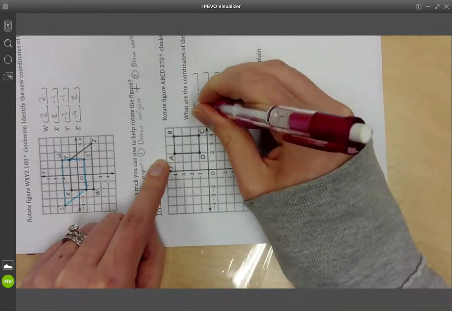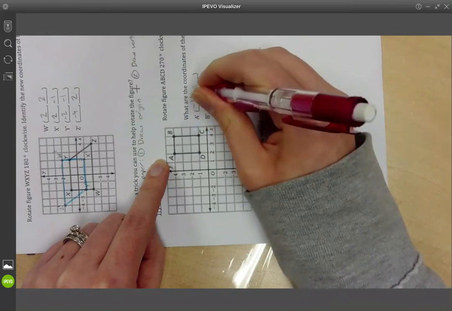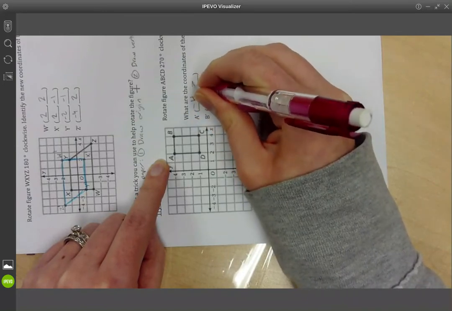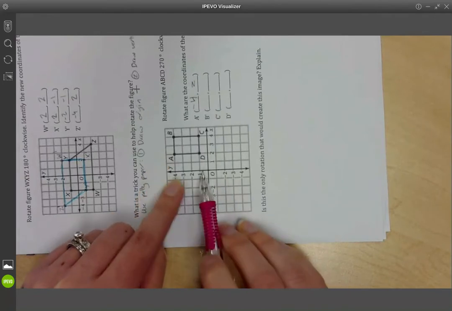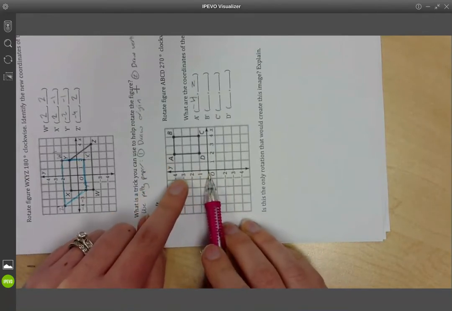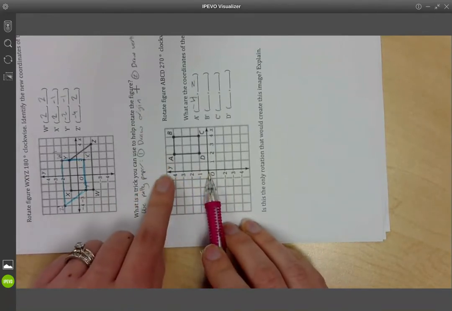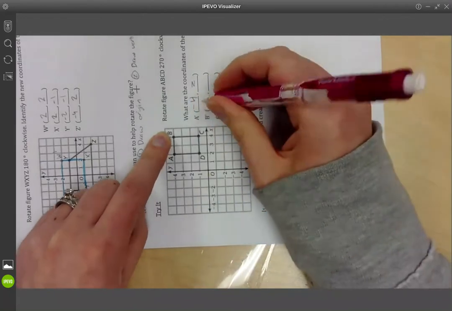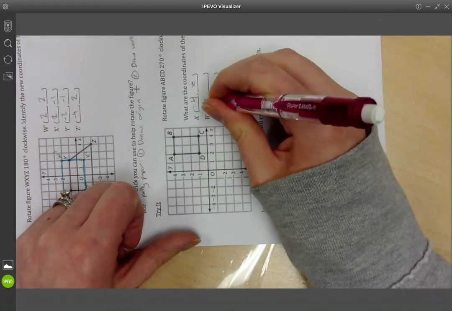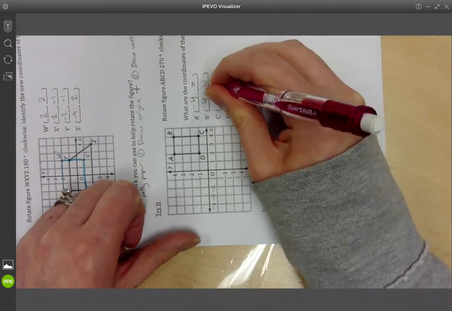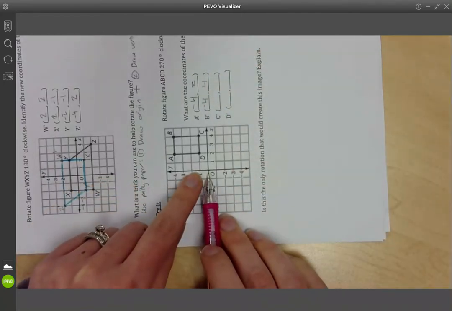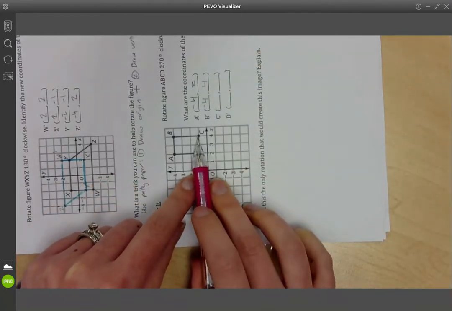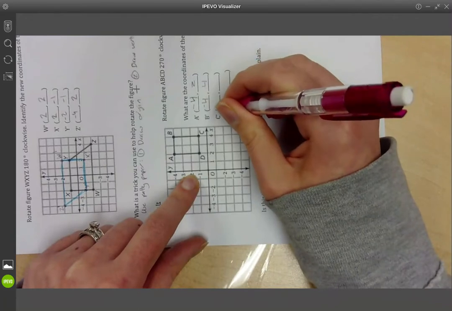So -4, +2. A little hard to write sideways. Did you know that? B is at -4, +4. C is at -1, +4.